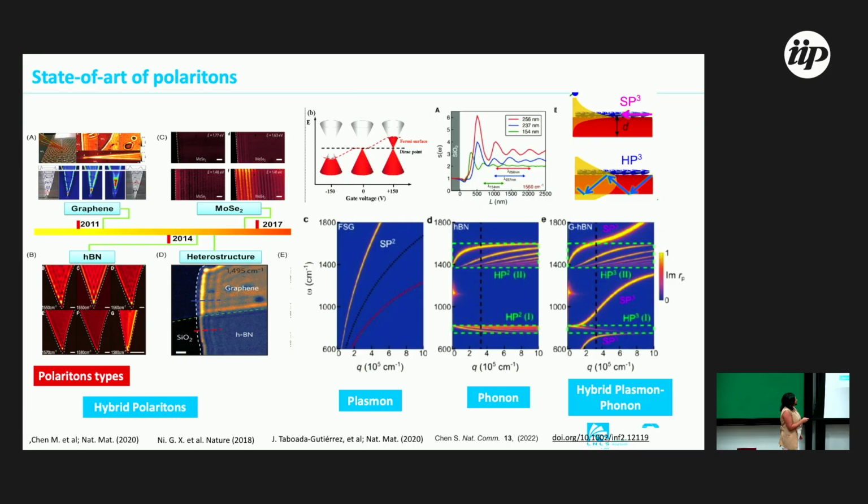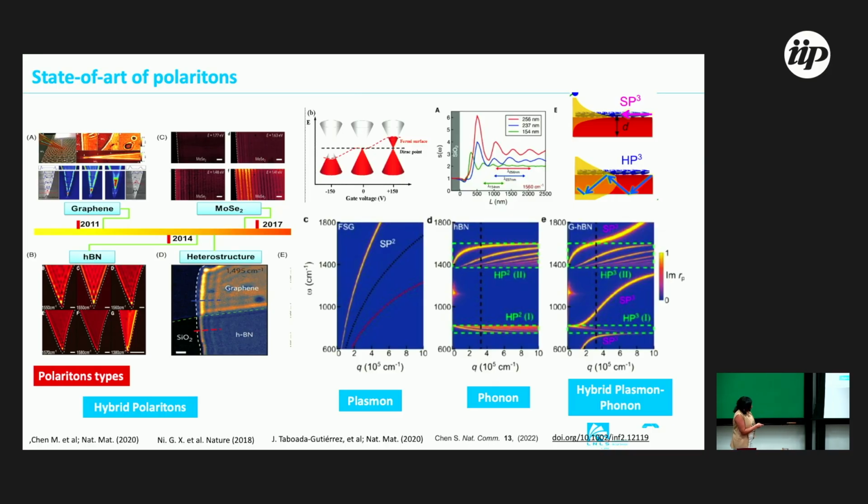First, we have the heterostructure, where at some frequency the phononic character is preeminent, but at other frequencies the plasmonic character is preeminent, and we have hybrid modes, like here, that do not appear in those systems separately.